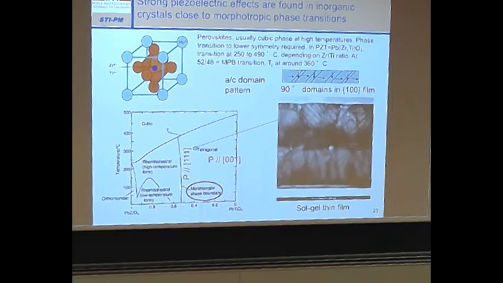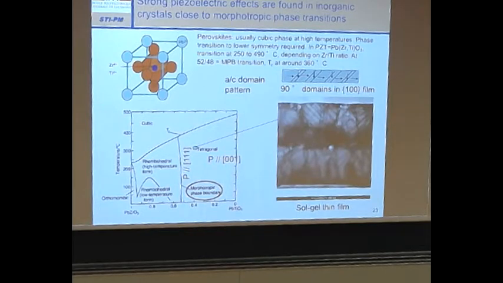They interact elastically with the substrate, so this is an important topic. You cannot choose the domain patterns as you would sometimes like, because the stress they generate interacts with the substrate, or the substrate stress interacts with the ferroelectric material. So there is an optimal solution for zero stress.